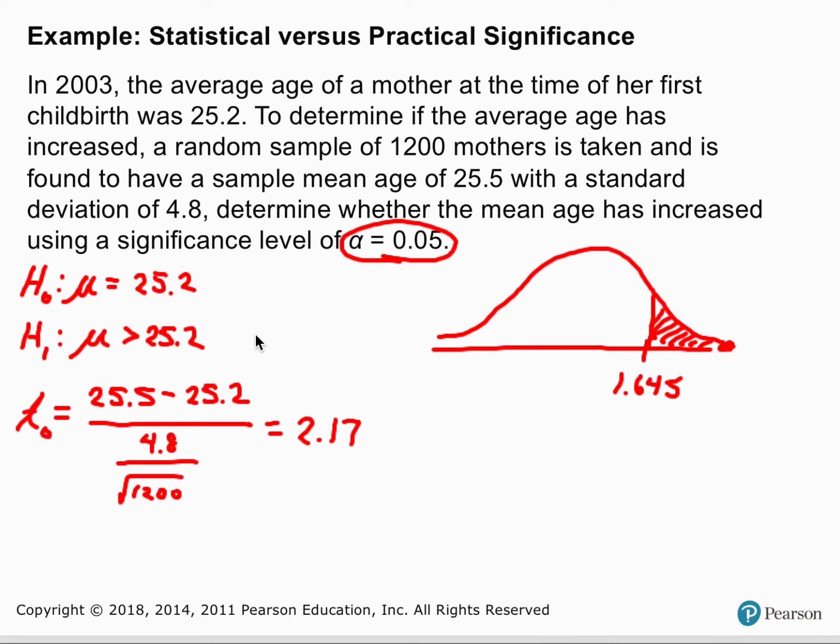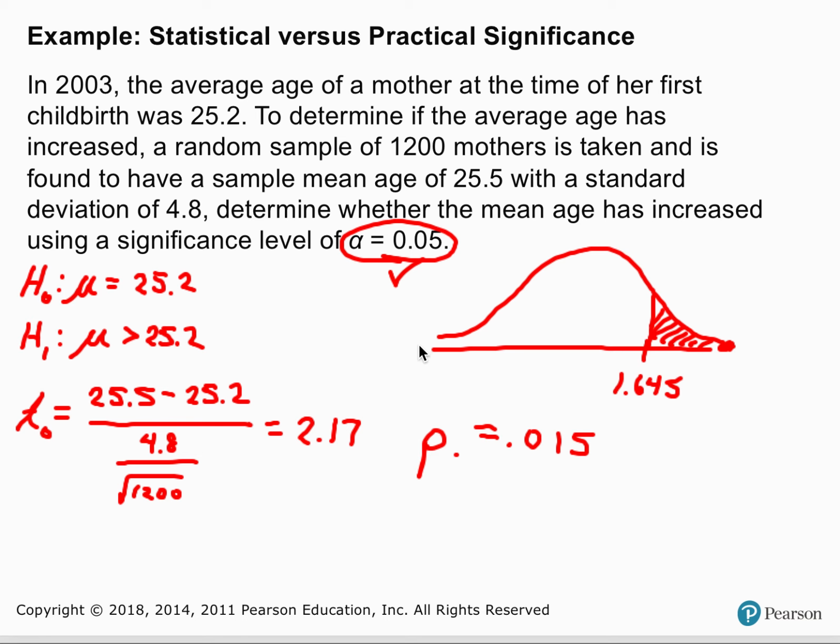You can either draw it or tell it to calculate. Notice up there, it will tell you that your p-value is 0.015. Yes, if your p-value is less than your level of significance, once again, you reject that null hypothesis.